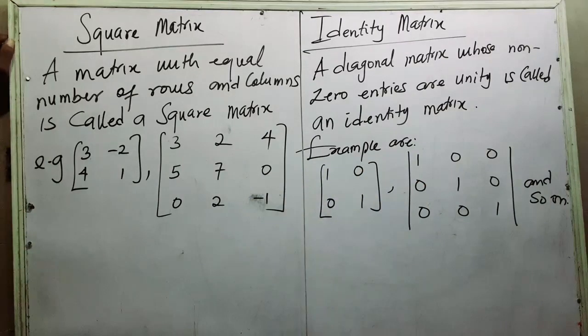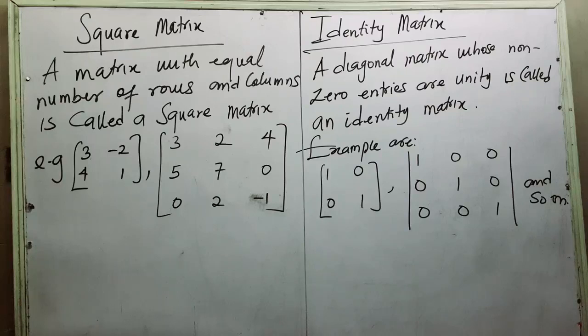We call it an identity matrix. We have 2 by 2, 3 by 3, 4 by 4. They form a square matrix. What makes it different from the diagonal matrix is that in a diagonal matrix any number can be on the diagonal.